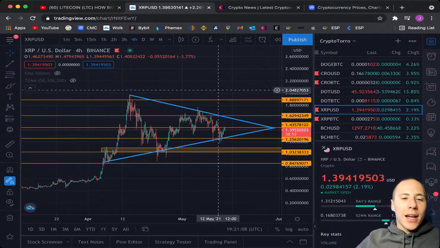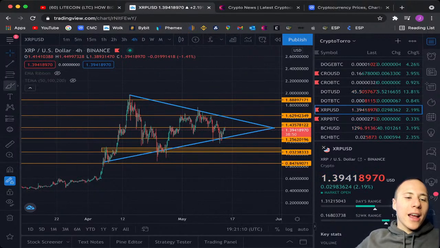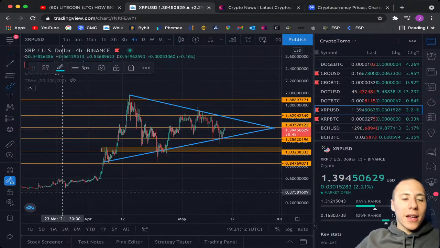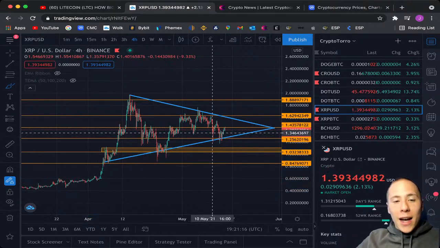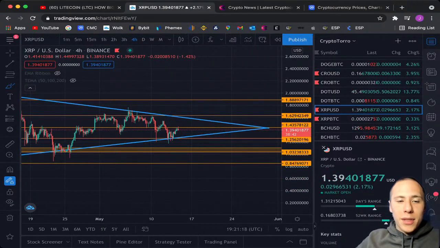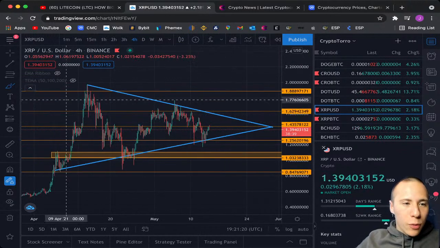It's just a pattern that shows that if the previous trend before this pattern was towards the upside, it is most likely to break once again towards the upside, and that's where I'm currently waiting at.